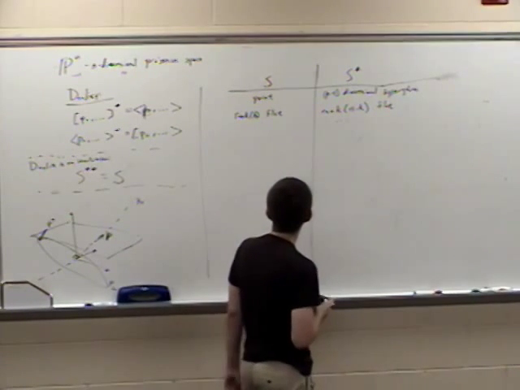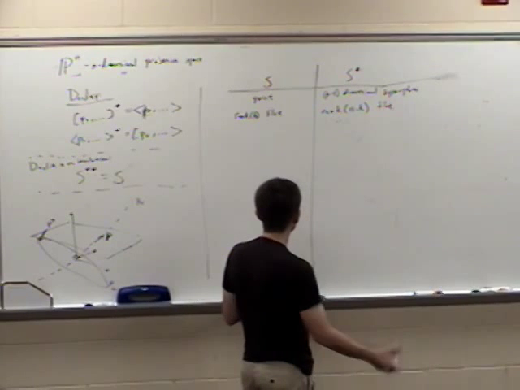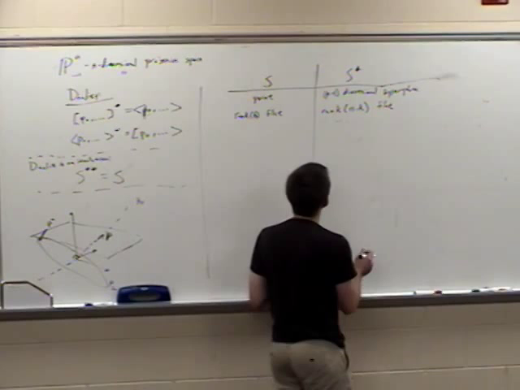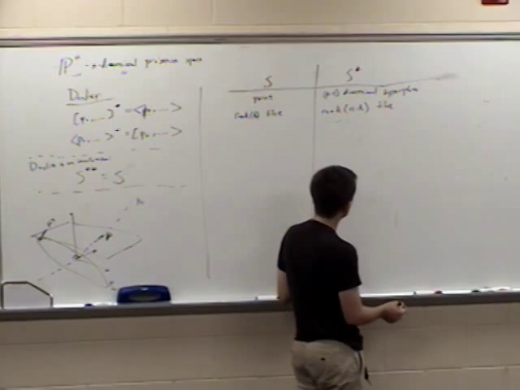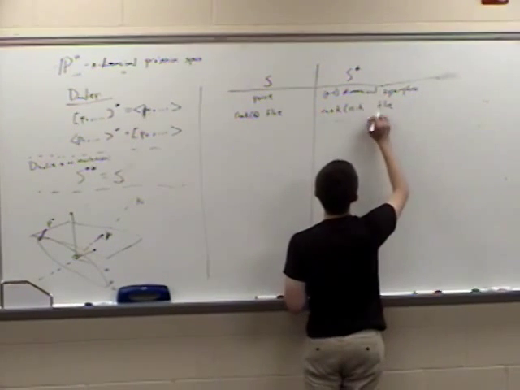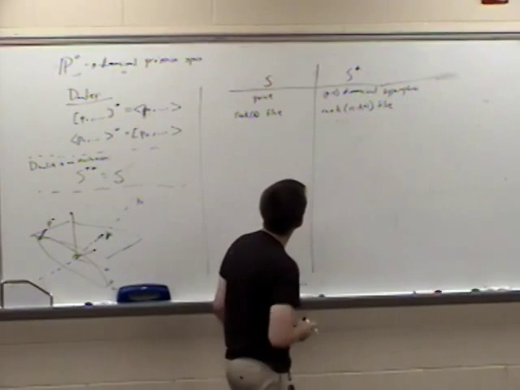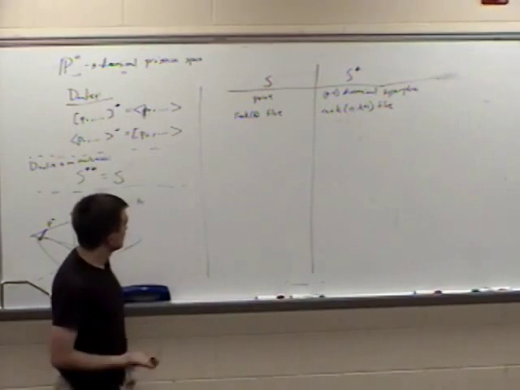I believe that's correct, right? So if I feed in a point, I get an n minus k plus 1 flat. All right, so that's the idea.